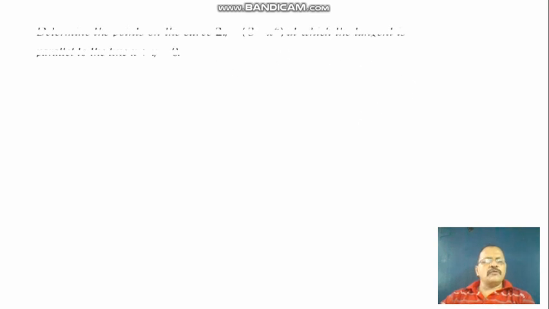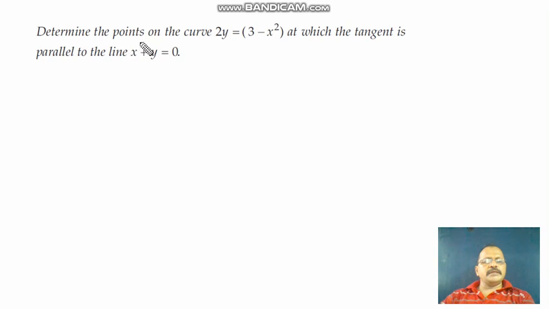The second problem we are going to solve is determine the points on the curve 2y is equal to 3 minus x square at which the tangent is parallel to the line x plus y equal to 0. Now we want the points on the curve where the tangent is parallel to this line.